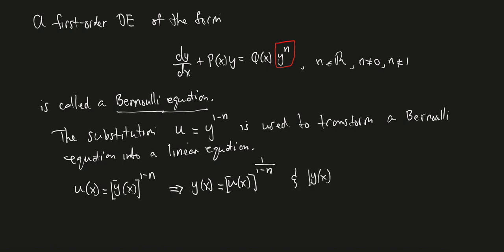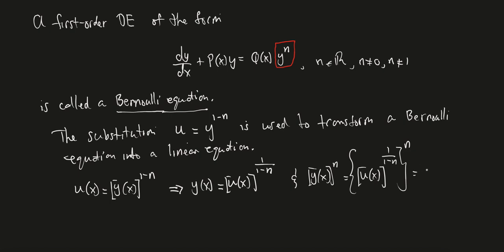y of x to the nth power is going to be u of x, all to the 1 over 1 minus n, all to the nth power. But if I have a quantity raised to a power and then all of that raised to another power, my property of exponents says I can multiply these powers.